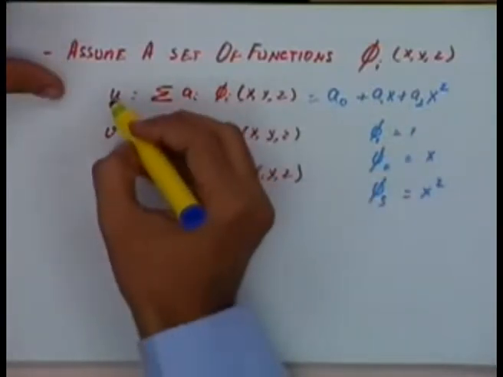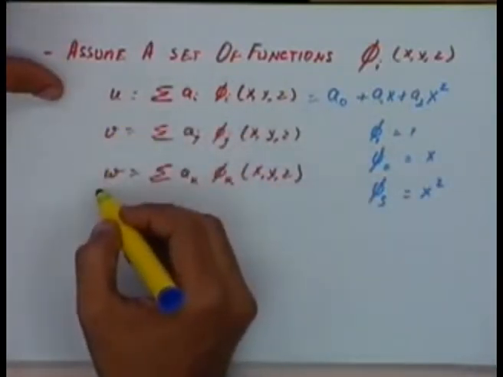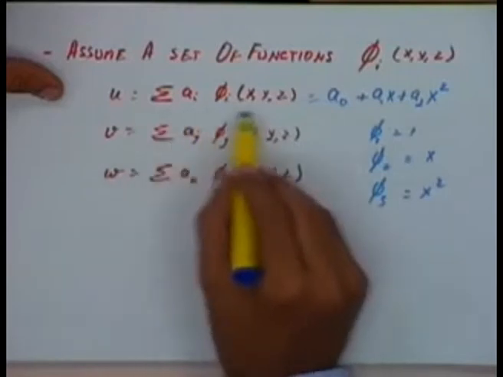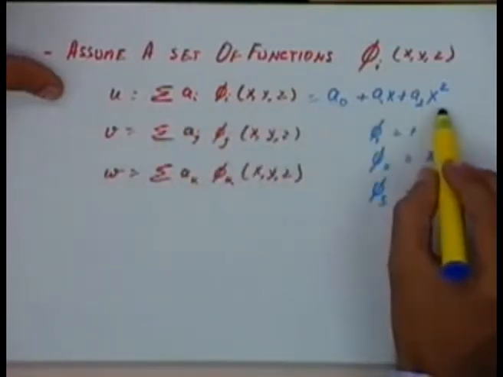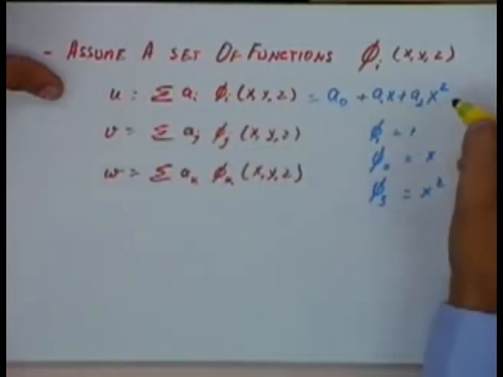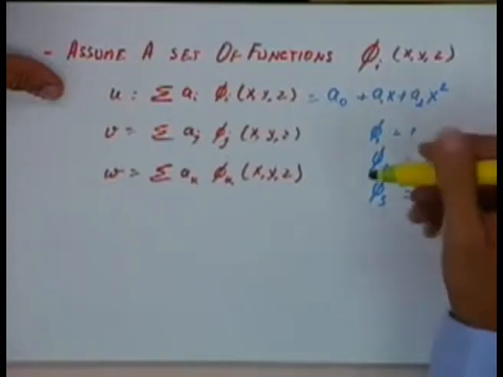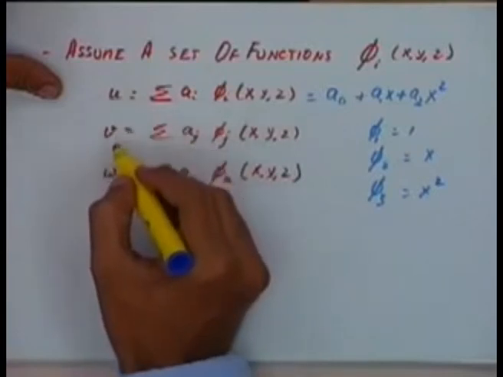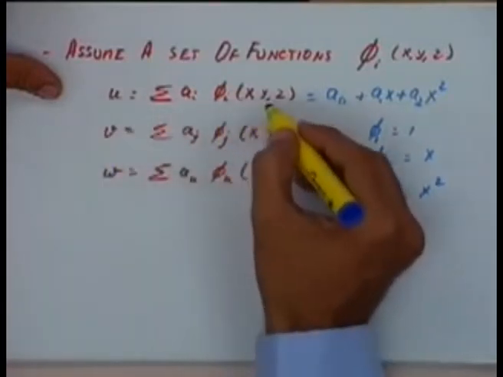In general I will write down u, v and w using similar expressions like this. I can assume it to be a quadratic function, I can assume it to be a higher order function, or I can assume it to consist of some other type of function. So I will assume that the deformations will be given as some function of x, y and z.